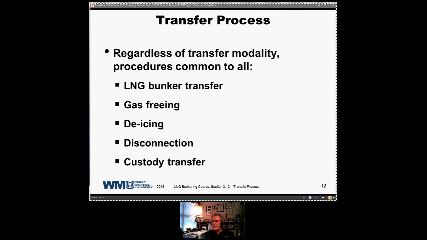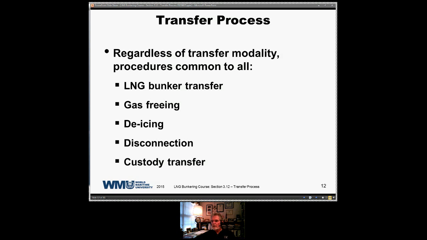A cargo transfer for a vessel that's cold and ready to load condition usually takes 12 to 14 hours. An LNG bunkering operation, because of the quantities involved, is going to take considerably less time, probably several hours.